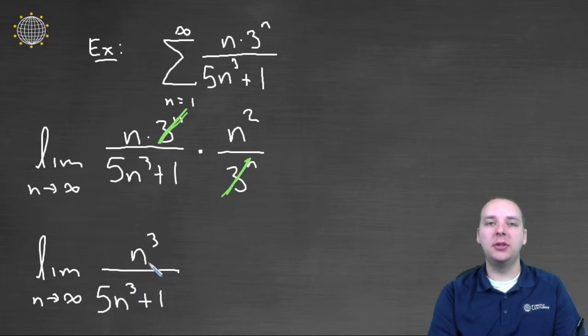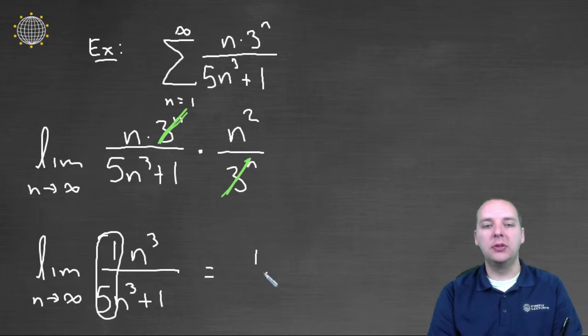Now, these powers are the same. So you could use L'Hopital's rule if you wanted to write out all the details, but I think it's going to be pretty clear to most everybody that this limit at the end of the day will be 1/5 because these powers agree with one another, the highest powers. So this would be 1/5 if you would allow me just to kind of speed things along a little bit.